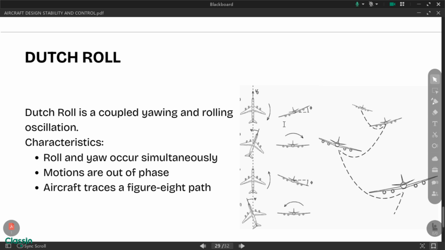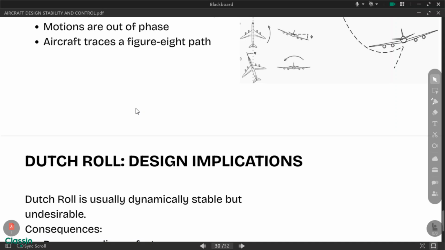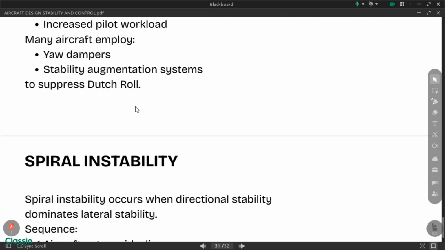That rolling motion would generate another yawing motion. So the cycle repeats. The result is an oscillatory motion that can be uncomfortable, or potentially hazardous if not managed by the pilot. Okay? So that's the Dutch roll.